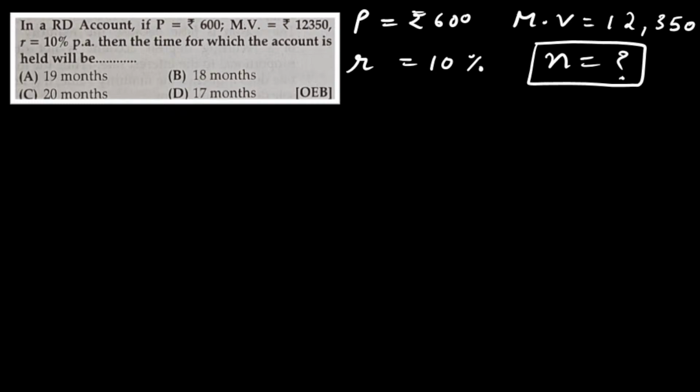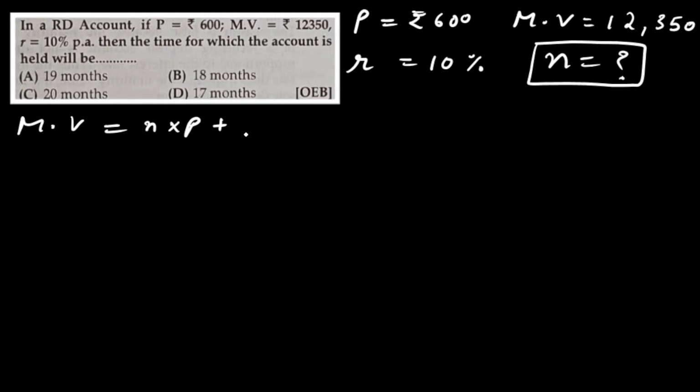Again MV is given to us, so we'll make use of the formula of MV. Whenever MV is given to us, we can use the direct formula. MV's formula we know: MV is equal to N into P plus I. At I's place also, let's use its formula.